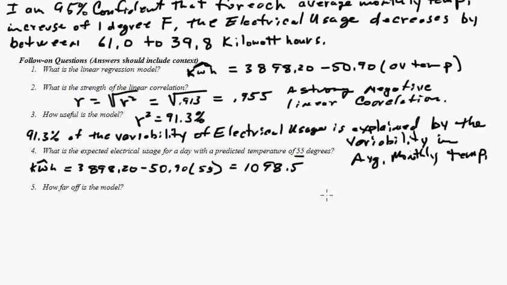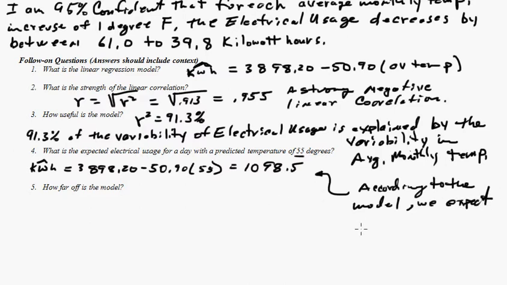I probably should say something like, according to the model, we expect a house would need this many kilowatt hours if the average monthly temperature was 55.